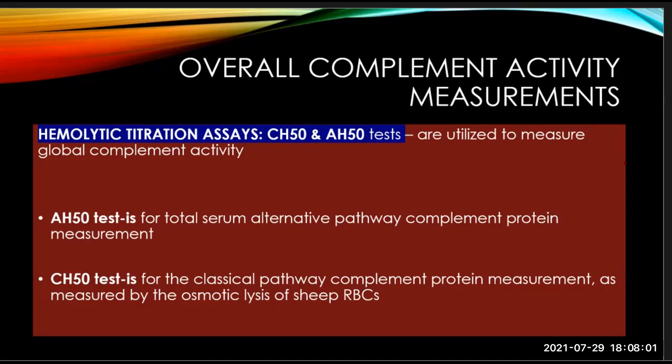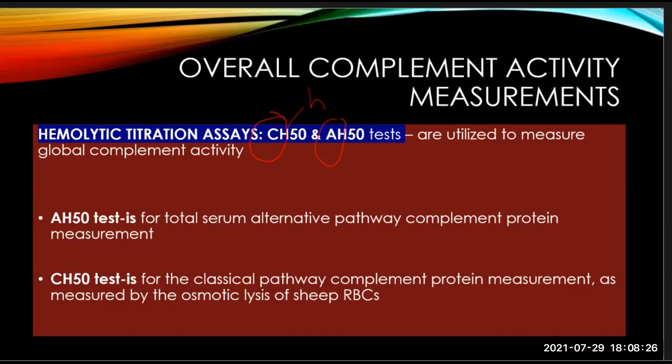So, overall, global. Hemolytic titration assays, may dalawa tayo, CH50 and AH50 test. Ano ba yung CH? Ano ba yung AH? C stands for classical, A for alternative, H for hemolytic. 50 kasi 50%, how much of it in the serum can lyse 50% of the sensitized sheep RBCs.